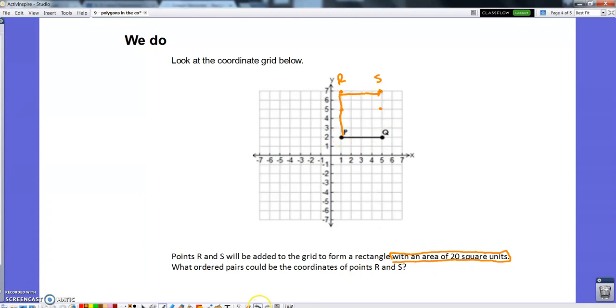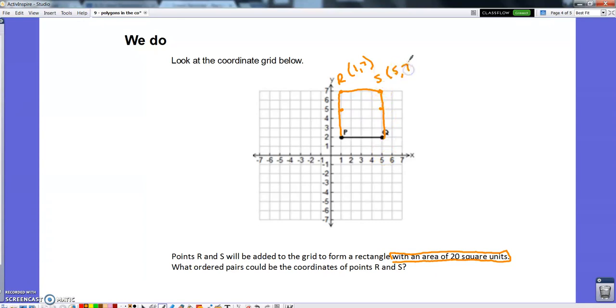It's not a very good rectangle. Up, over, down. And let's make sure that's 4, 8, 12, 16, 20 square units. So that's a very good possibility. So I could put R at 1, 7, and S at 5, 7.